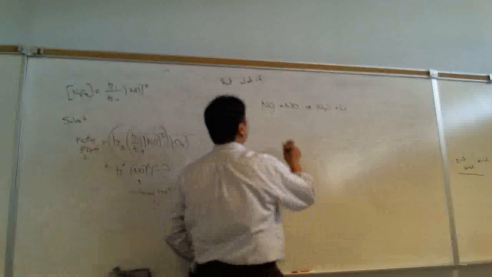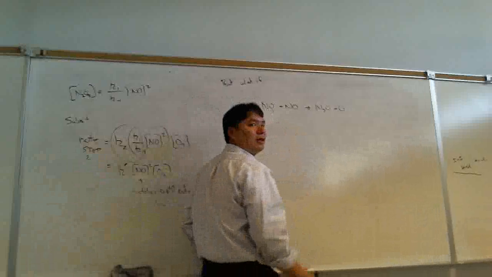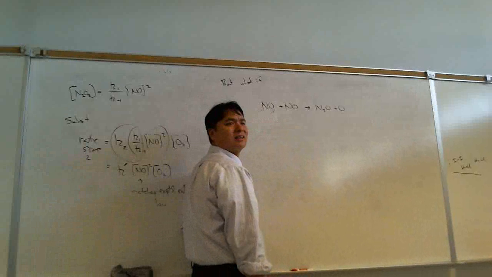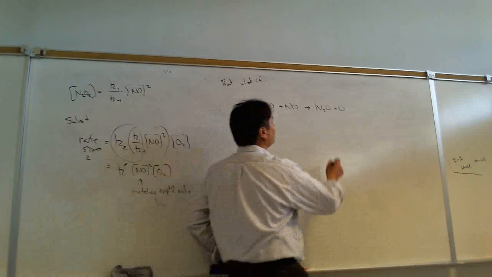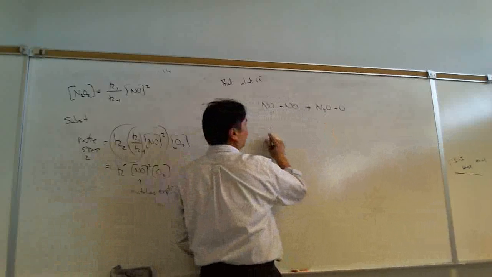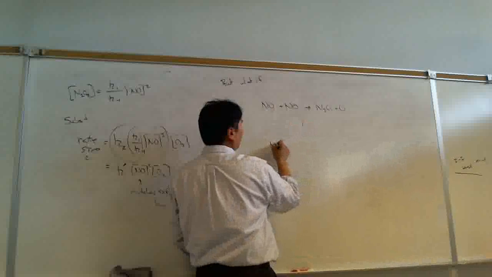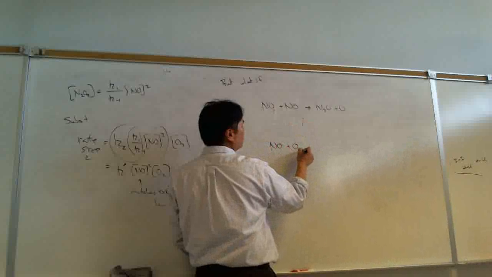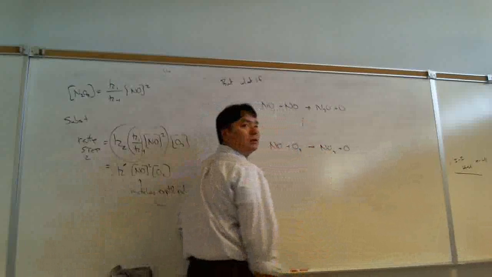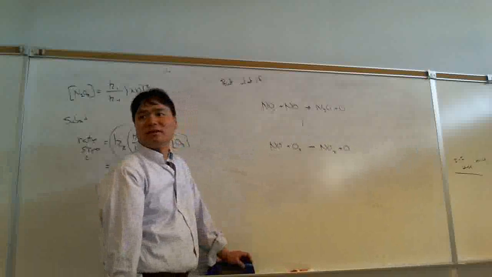If we did this, would we get the same rate law? Or how about this? What if we did this, NO plus O2, and this yields NO2 plus O? Would this have yielded the same rate law?